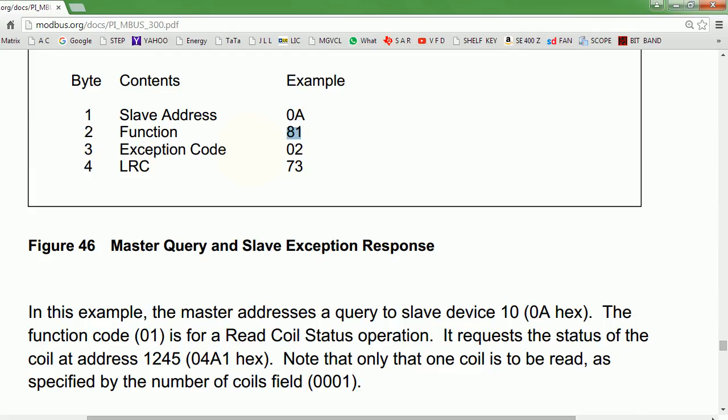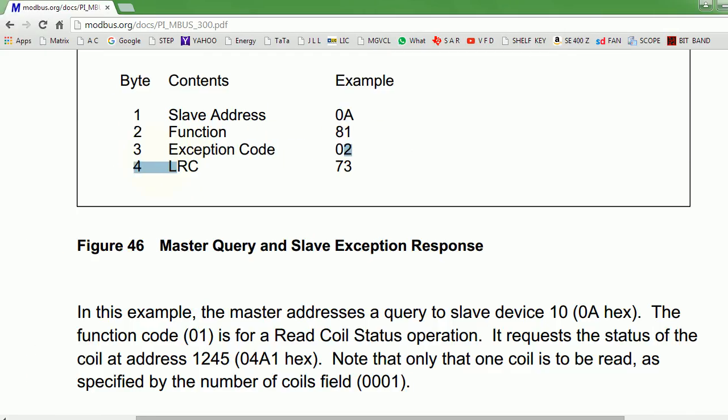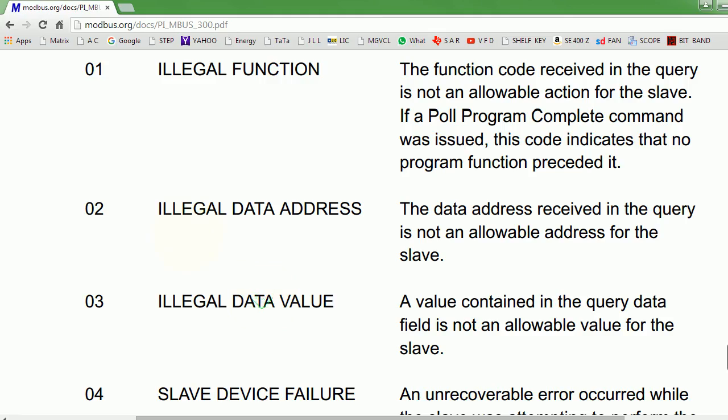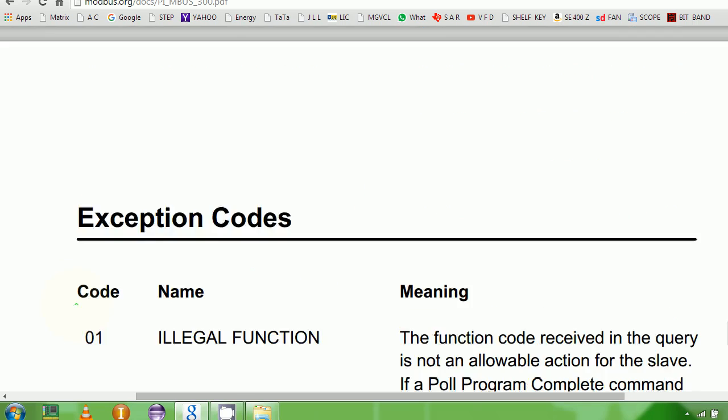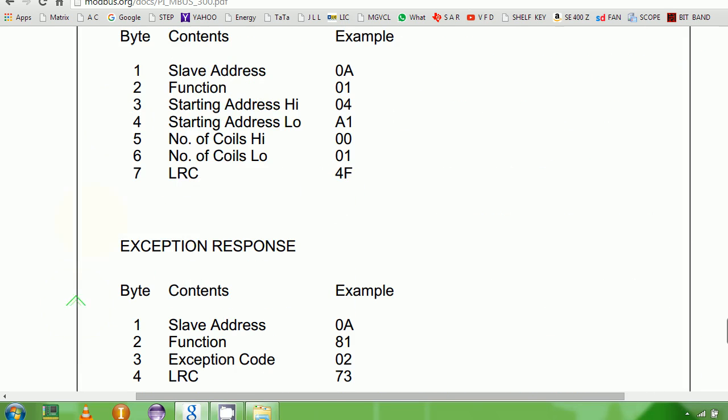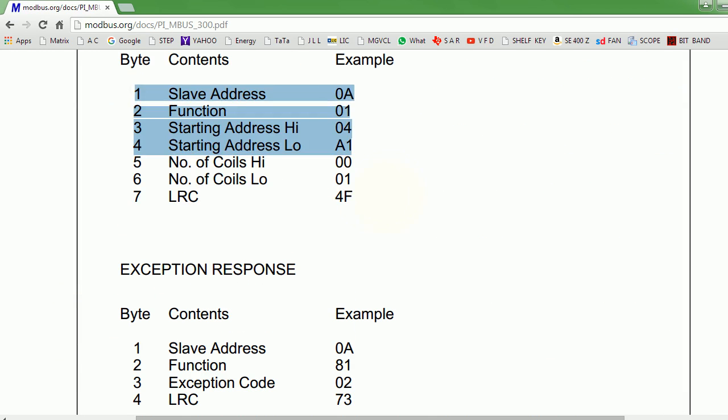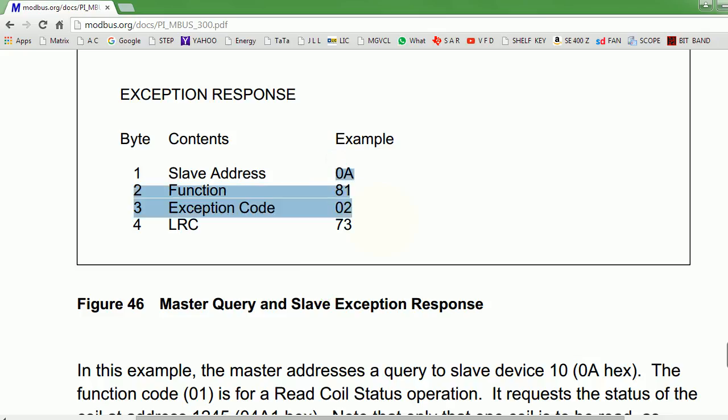And what exactly is wrong? To figure that out, this is the third byte you've got to take a look at. And the third byte here is hex 02, and hex 02 means illegal data address. So you fired this query to the PLC, it responded with this, this one showing there's a problem, and this one really shows what exactly was the problem.